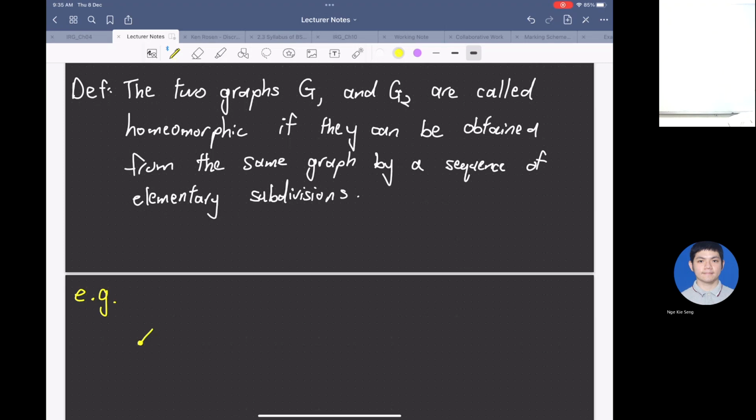Last time we said that a triangle can't be isomorphic to a square. Anyone remember why? Because the number of vertices is different.